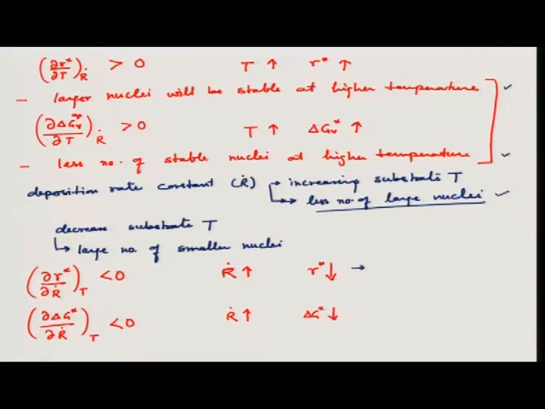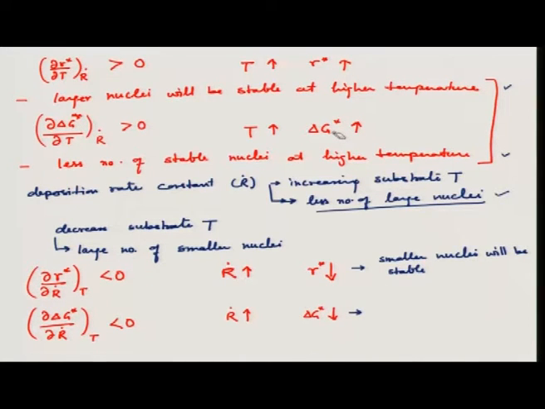It means since critical radius is smaller, smaller nuclei will be stable. And this would mean that since this delta G star, sorry, this is not GV, my mistake, this is not GV.